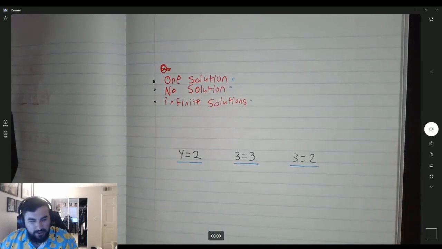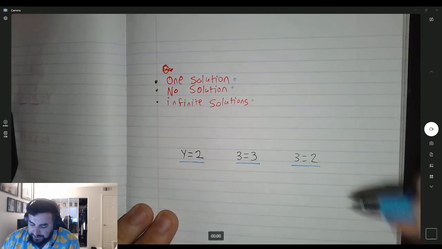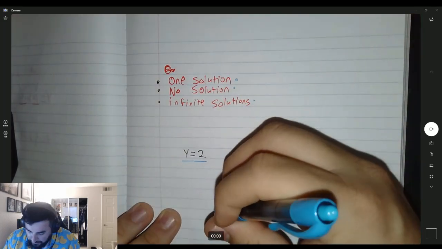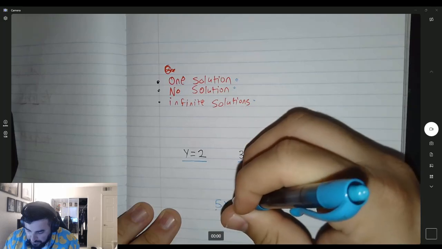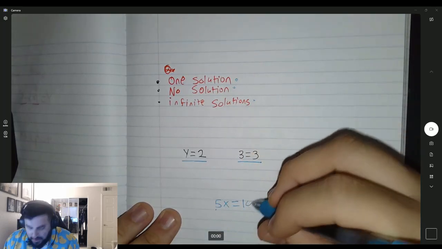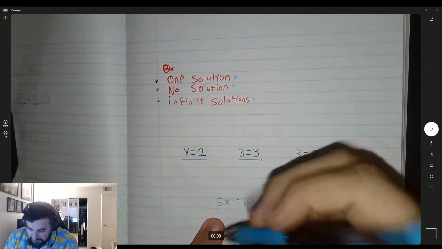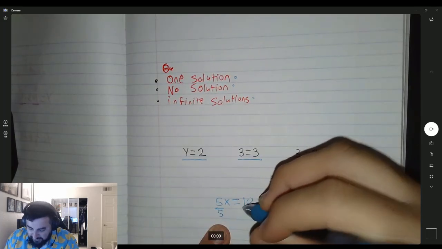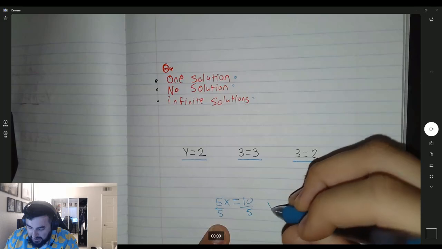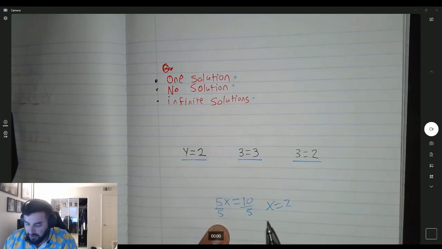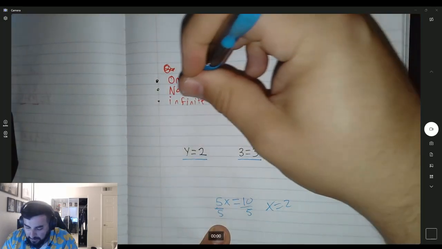And if you've been doing equations lately in your class with your teachers, let's say for example 5x equals 10. Well, watch this. You're dividing both sides by 5, right? x equals 2. Guess what? You just did a one solution right there.